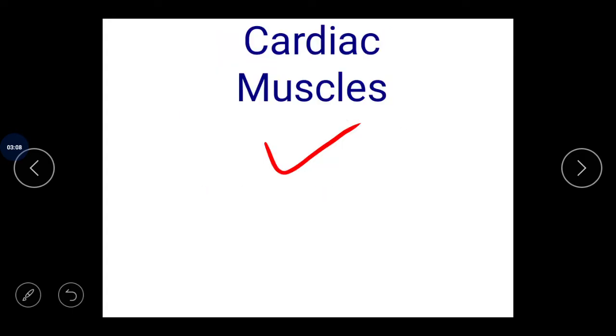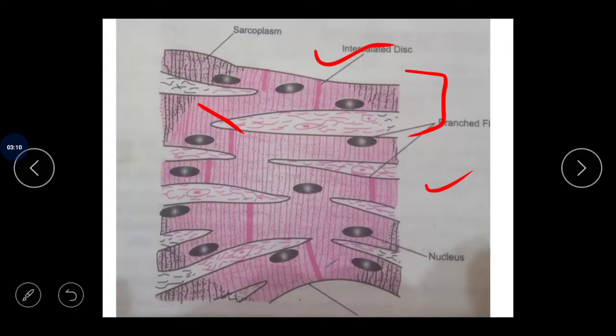Here you will find the nucleus in the center. A cell may contain one nucleus or more than one nucleus, but each nucleus is situated in the center of the cell.